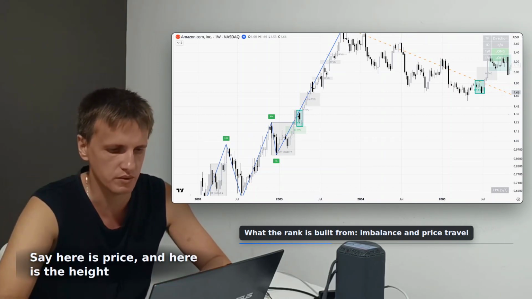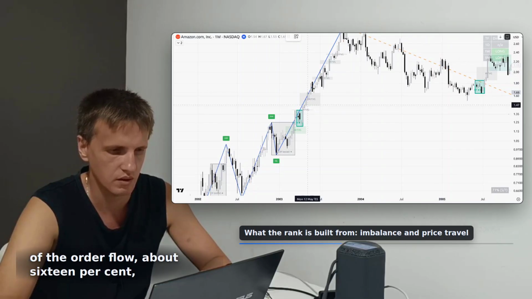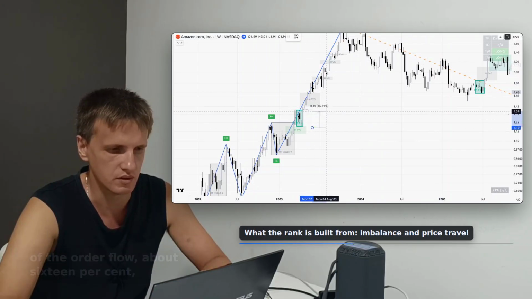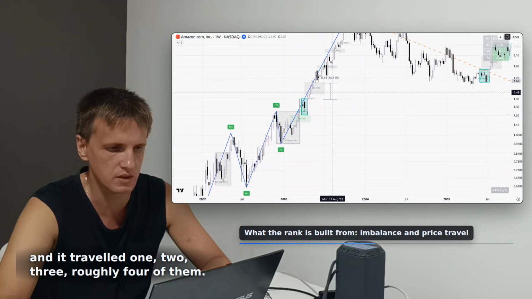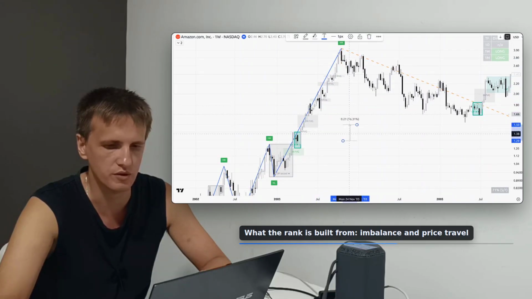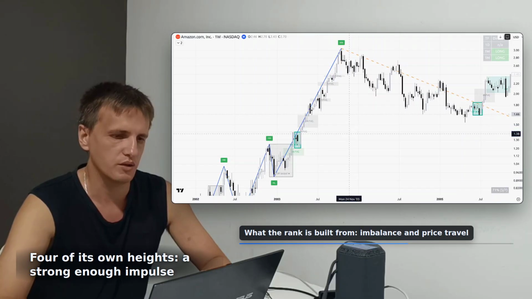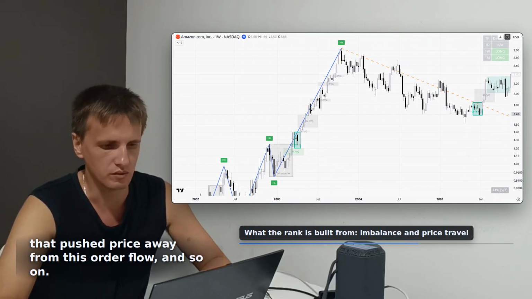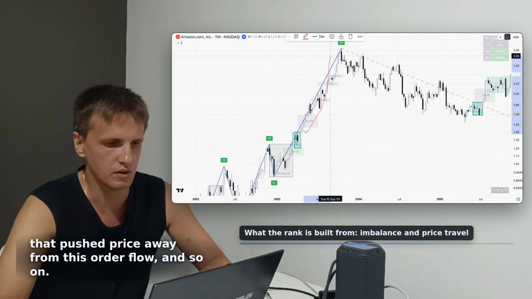Say here is price, and here is the height of the order flow, about 16%. And it traveled 1, 2, 3, roughly 4 of them. 4 of its own heights, a strong enough impulse that pushed price away from this order flow, and so on.